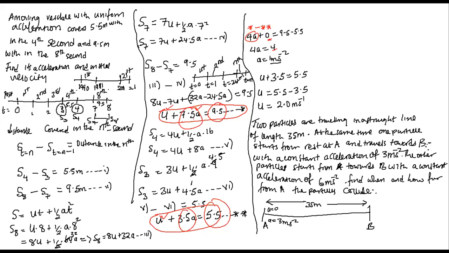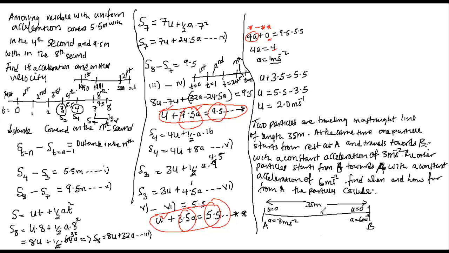The other particle starts from B towards A, with an acceleration of 6 meters per second squared. Because it starts from B, U is 0.